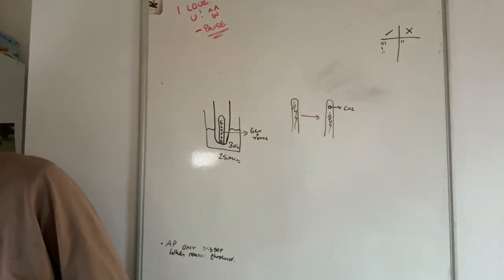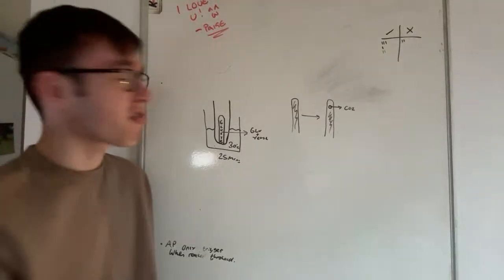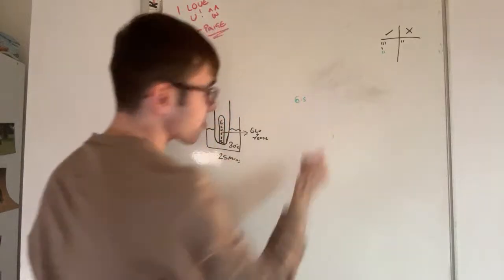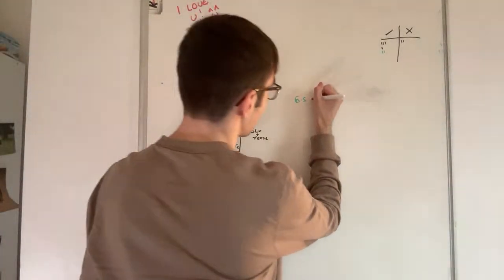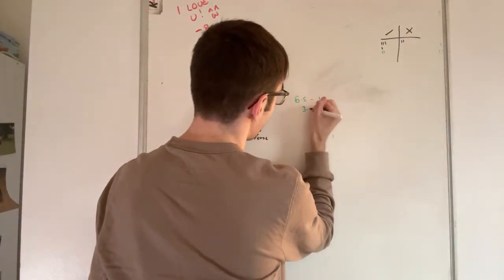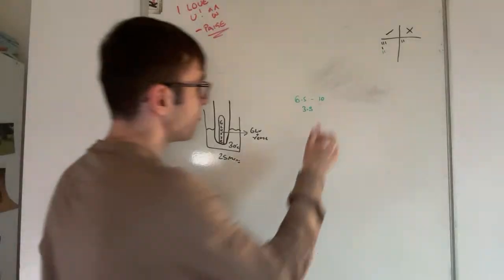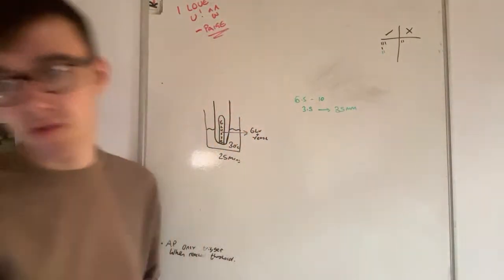So, that is going to be approximately 6.9, 6.8, 6.7. We are going to say 6.5. 6.5 to 10, which is going to be 3.5. Is that centimeters? Or 35 millimeters.